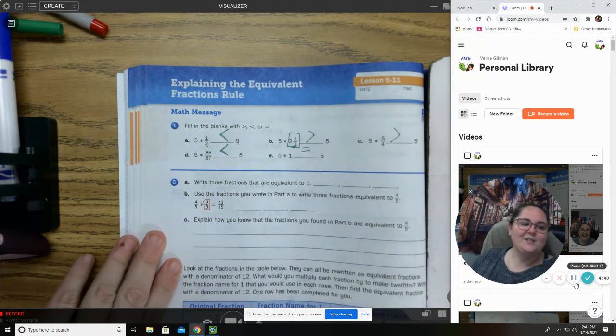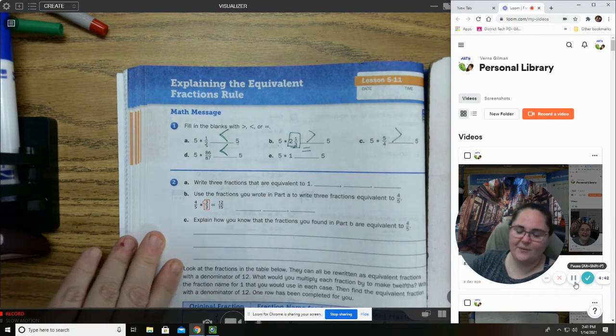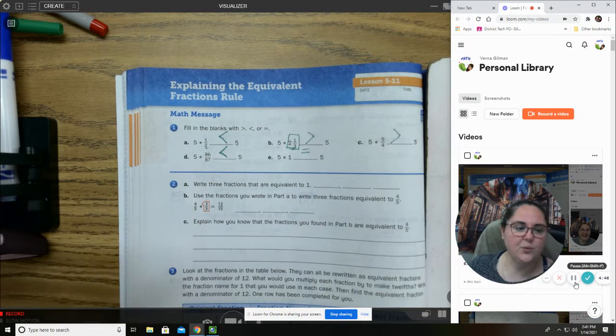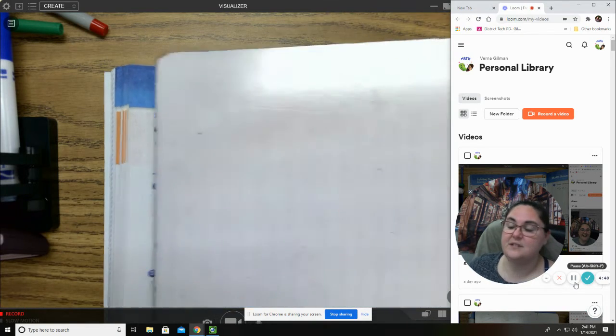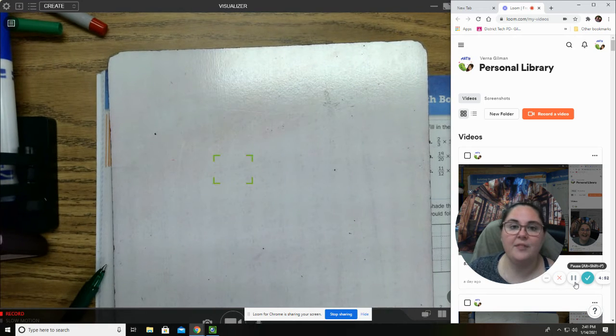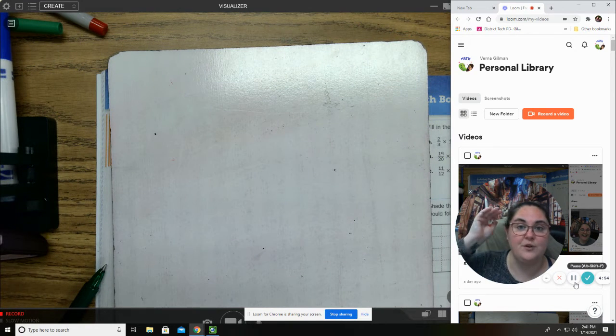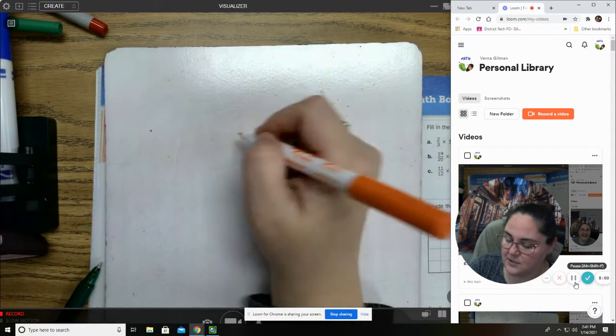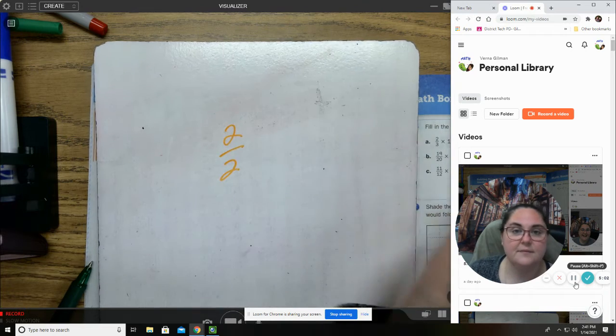All right. So what we're going to do now is write 3 fractions that are equivalent to 1. Okay, we've learned this in the past, and we've talked about this a few times in our lessons. We know that a fraction where the numerator and denominator are the same equals 1. So 2 over 2.